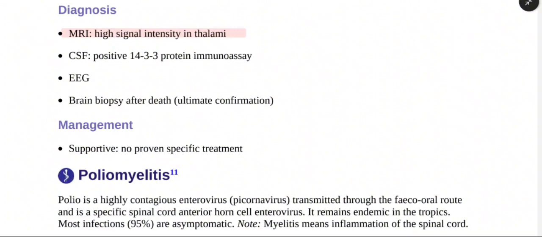CSF analysis may show elevated levels of specific protein associated with this disease. EEG or brain biopsy after death is the ultimate confirmation. There is no cure for this disease, we only give supportive management.